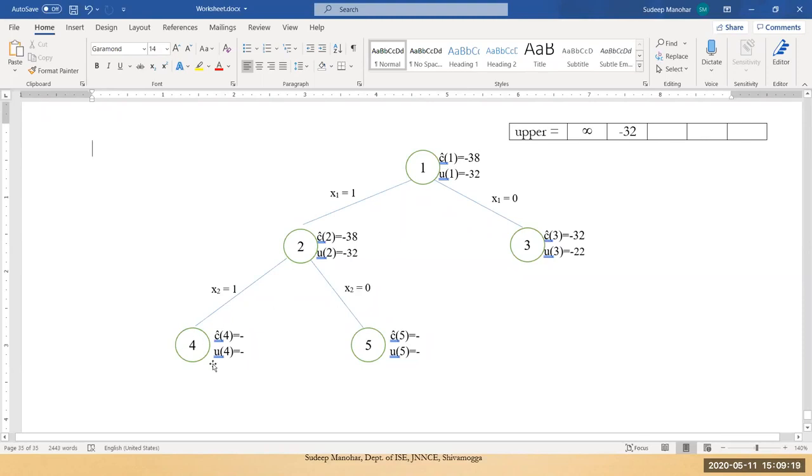So now, for node number 4, item number 1 and item number 2 are both compulsory. Keep this in mind.